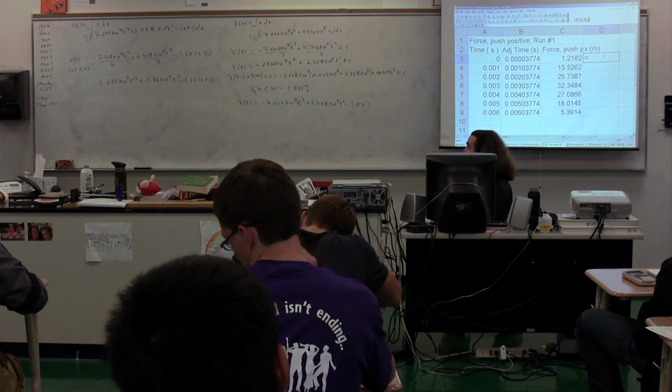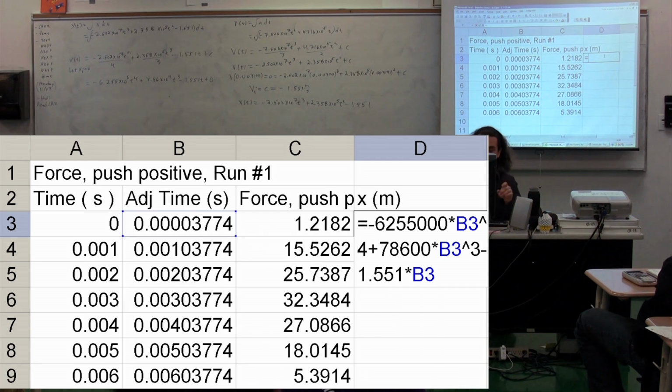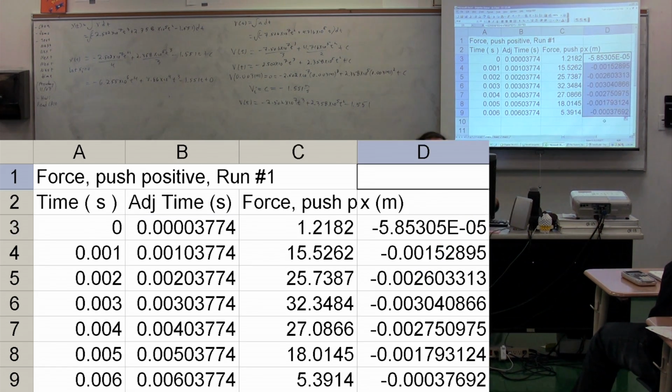We know that is equal to negative 6.25500, is that correct? 1, 2, 3, nope, one more, times the time quantity to the 4th power plus 7.8612, yep, times 10 to the 4th, times the time to the 3rd power minus 1.551 times t. This is our position as a function of time.